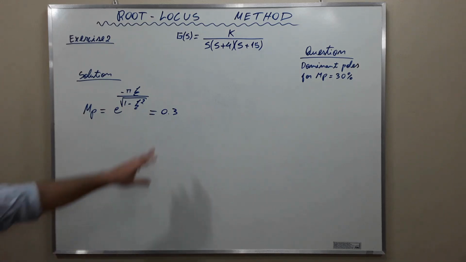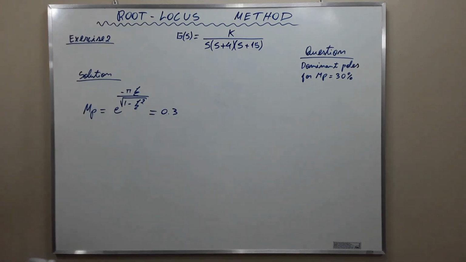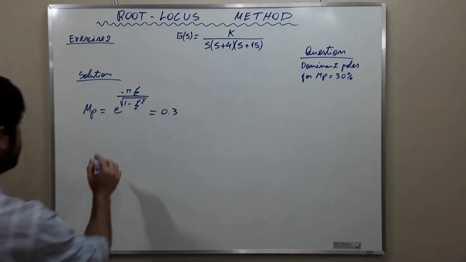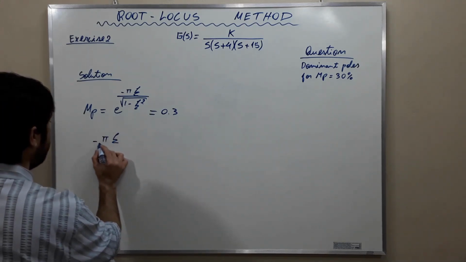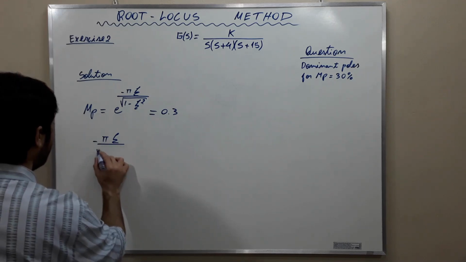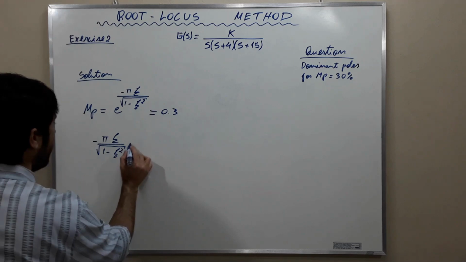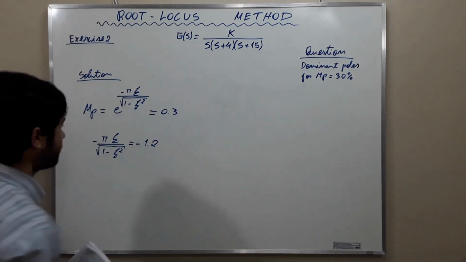Okay? We wish a maximum overshoot of 30%. And applying the natural logarithm to both sides, we get minus pi times zeta over the square root of 1 minus zeta squared is equal to minus 1.2.